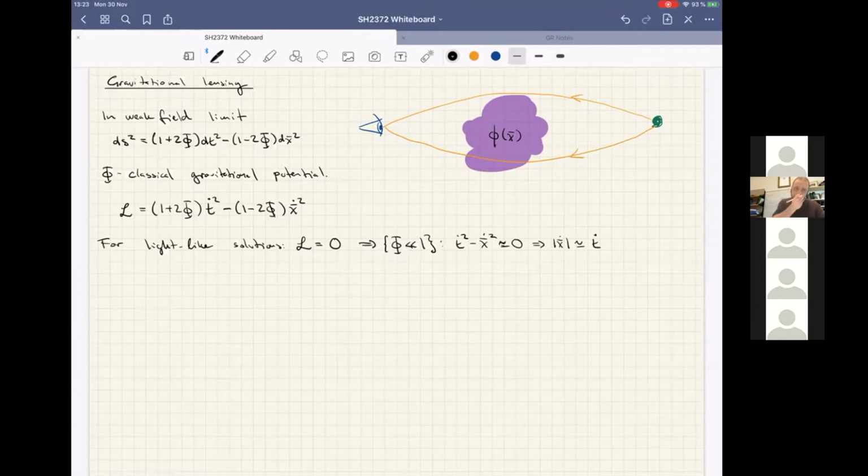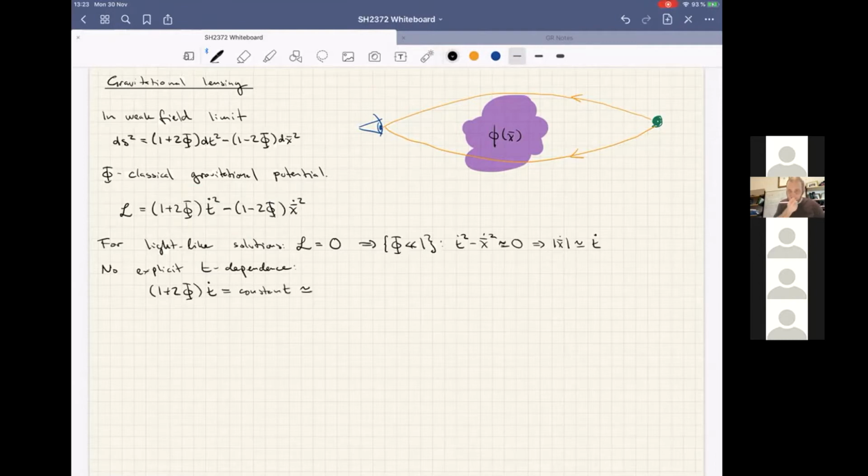And furthermore, if we look at this Lagrangian, we see that there is nothing that is explicitly dependent on the parameter t. So that corresponds to a conserved quantity. No explicit t dependence. So that tells us that (1 plus 2 phi) t dot, because this is the t dot derivative of the Lagrangian, should be constant.